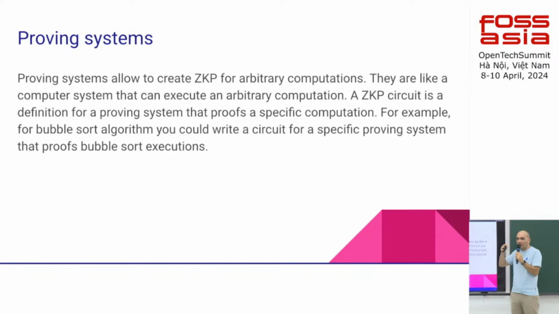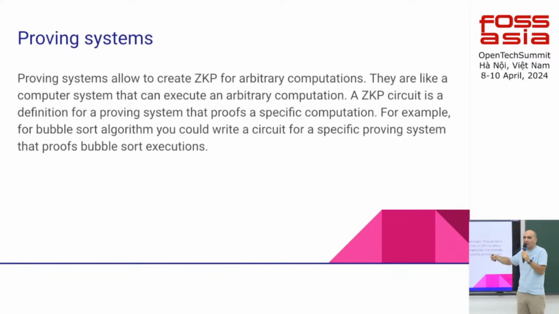Before this, you had to work out for each problem how you could create a zero knowledge proof. For example, using a proving system, I can create a proof of bubble sort. I can create a protocol with this proving system where you give me an array and I can prove to you that I have sorted it with bubble sort.